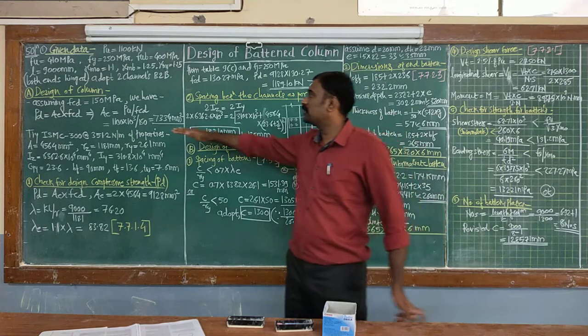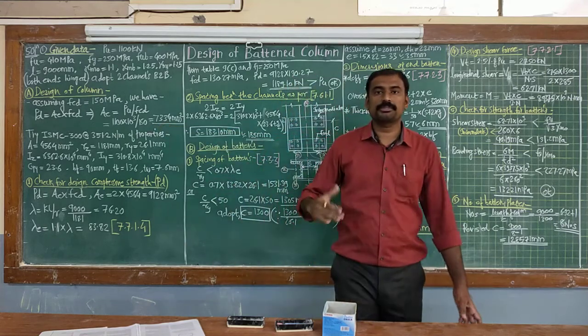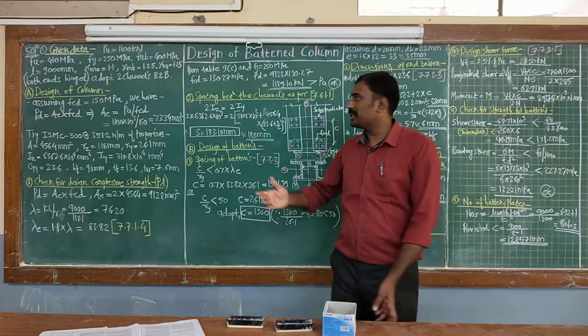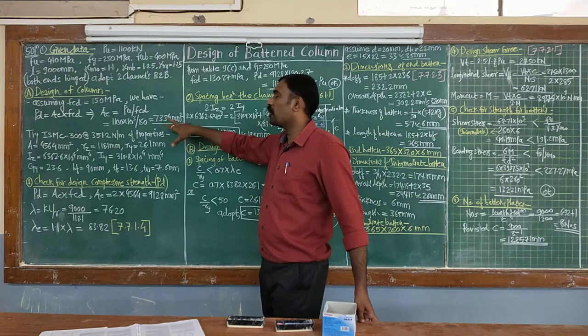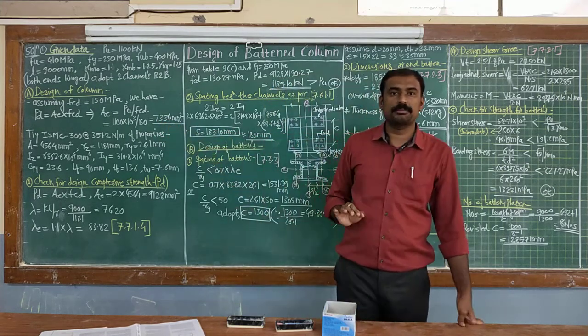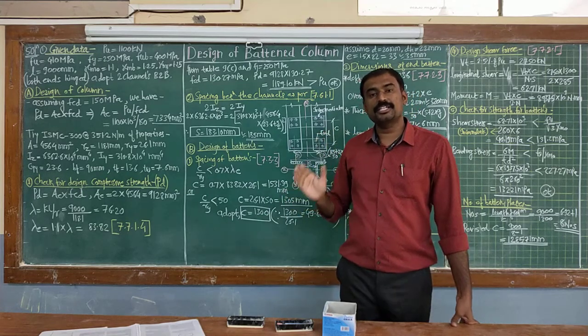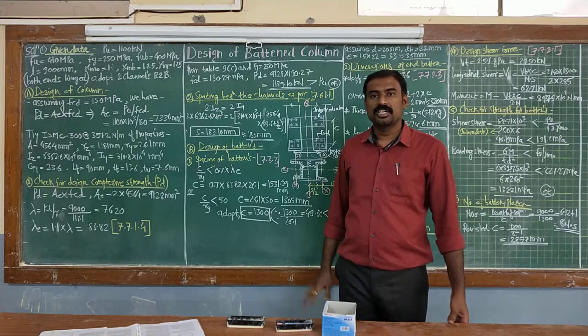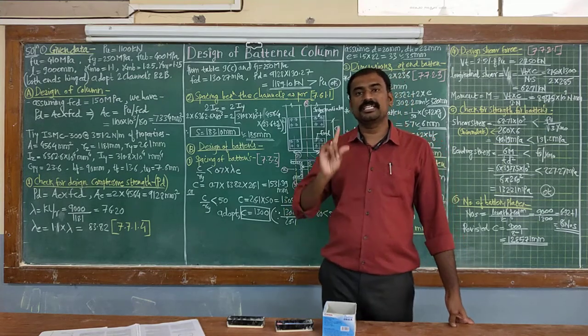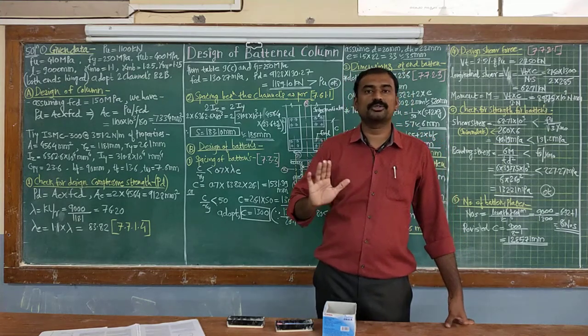Now after this particular step, we are selecting a section from steel table so as to meet the requirement of this calculated area, correct? So area is 7334, almost equal to 8000 mm square. And again this area is to be divided by two as you are going to select double channel section. So on an average area of single channel should be near about 4000 mm square.